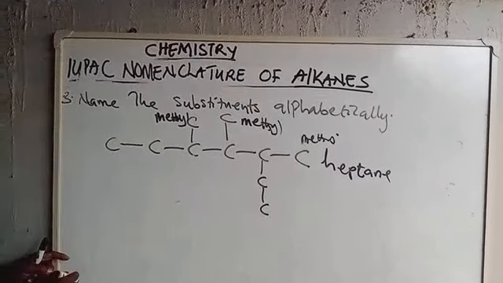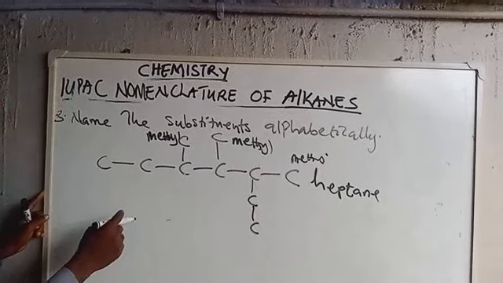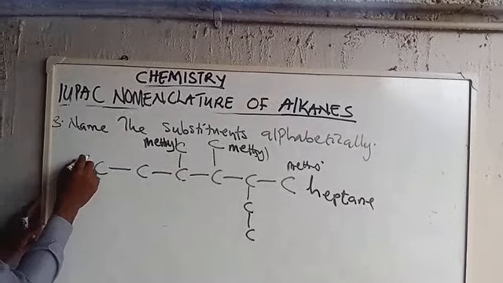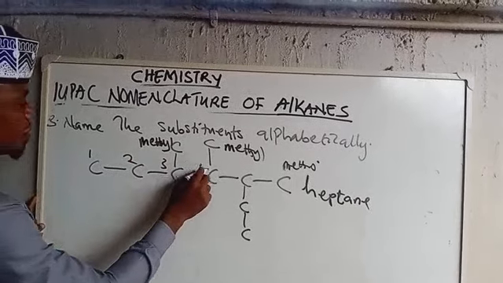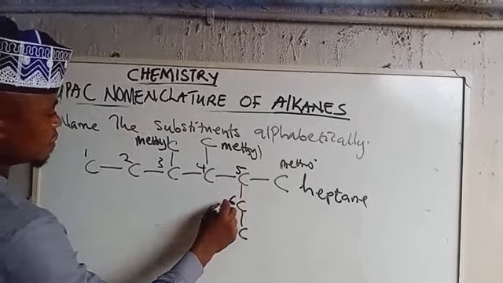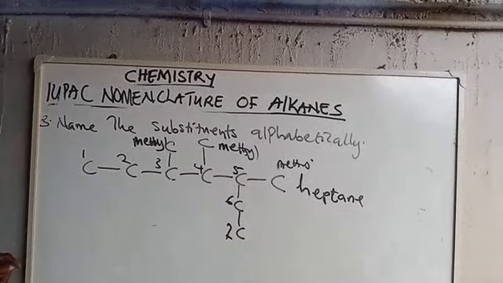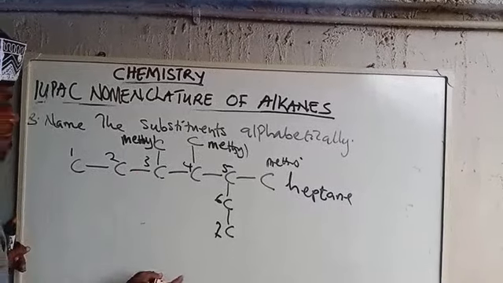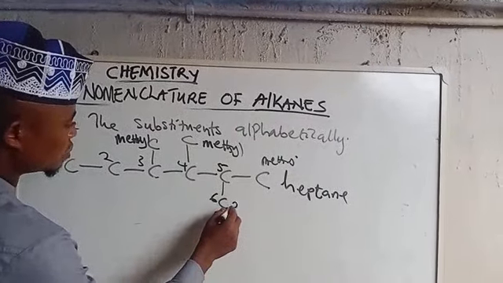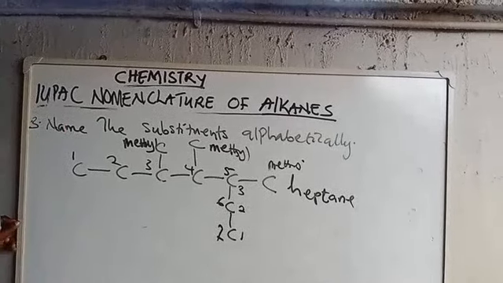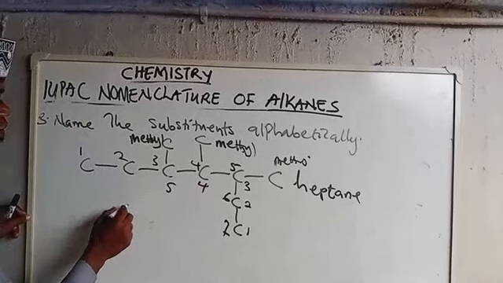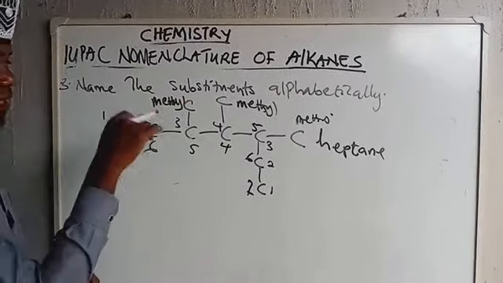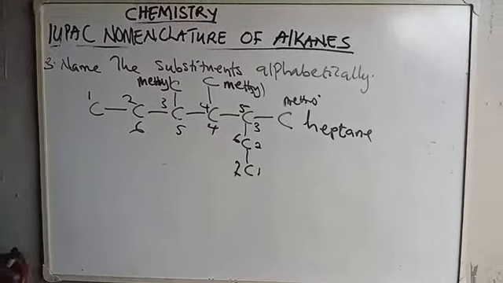So, in naming this now, we're going to say number from the side that gives the side chain the smallest possible number. So let's number from this direction. 1, 2, 3, 4, 5, 6, 7. From this side, the first side chain is on carbon number 3. I will not go to the second rule because from any side, the rule that I want to explain still says the same thing, so you will not understand it.